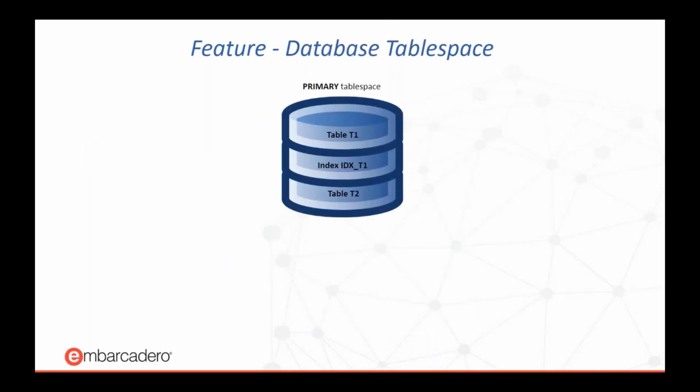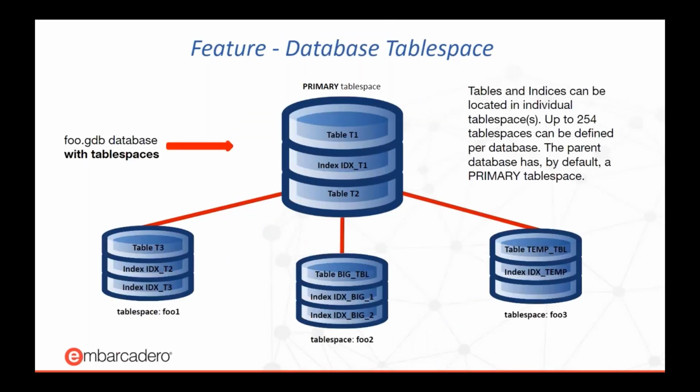With InterBase Tablespace, what we now allow is for you to be able to define up to 254 table spaces. You can move your tables and indices to these table spaces, define it once, and InterBase will basically store all of the information for those tables or indices in those table spaces. Of course, each table space can be assigned to a disk of your choice on the same system.